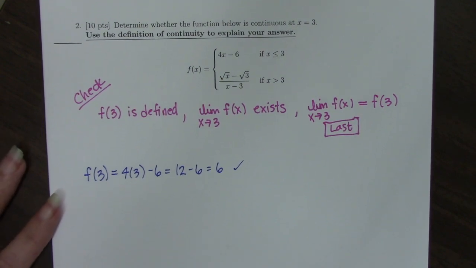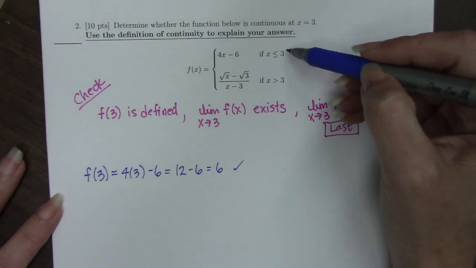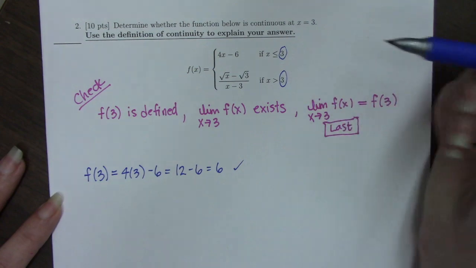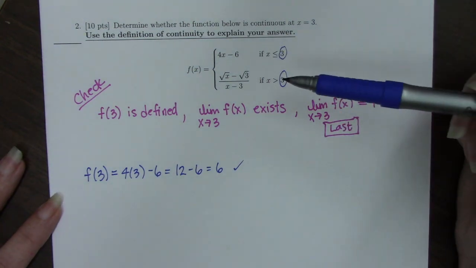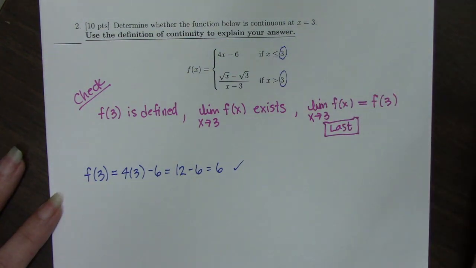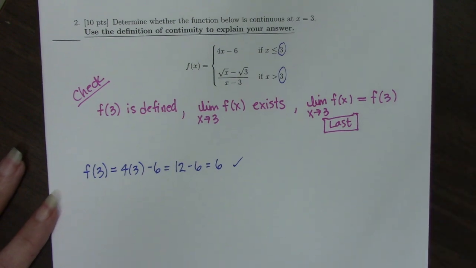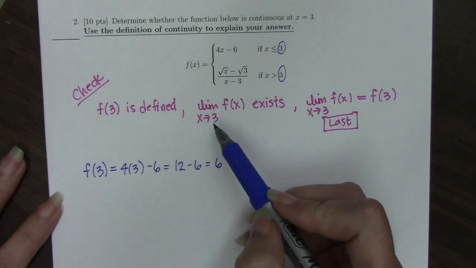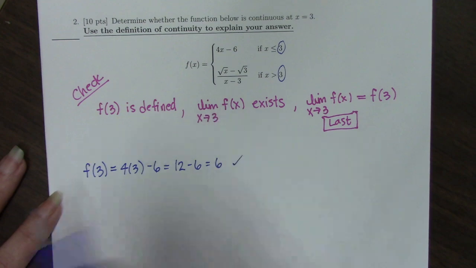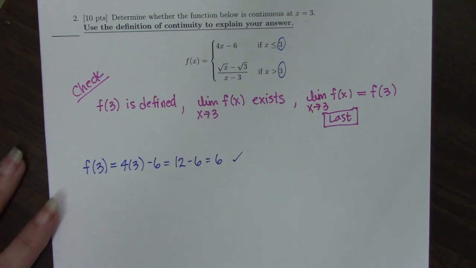The next thing we need to do is check, well, does the limit exist? Because this is a piecewise function and we're checking it around the value 3, there's a different equation for the left of 3 and a different equation for the right of 3. So these are actually going to be one-sided limits that we have to compare before we can check and see if the two-sided limit exists.